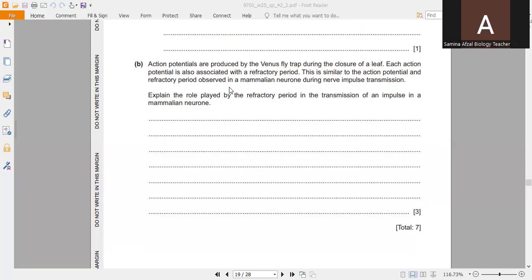So here we have to discuss this part of the question, in which I would like to say that in mammalian physiology, the refractory period is the short time following an action potential.